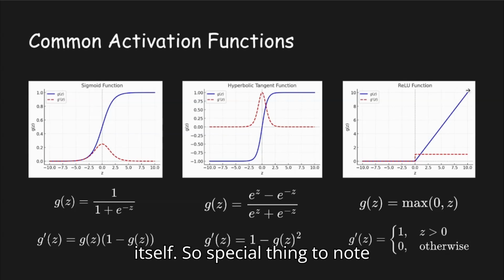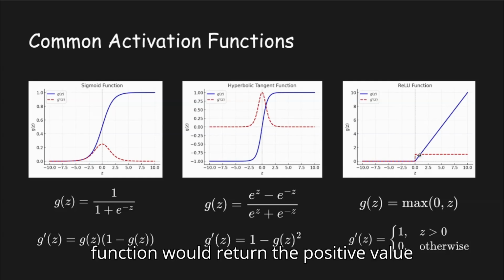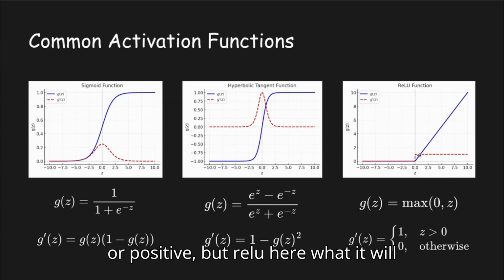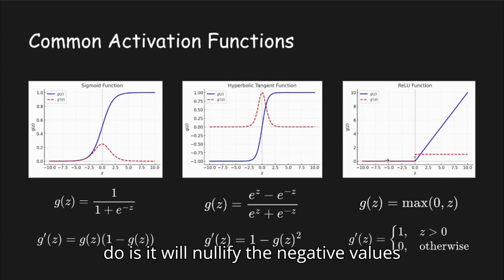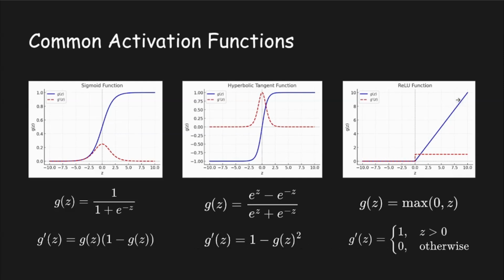A special thing to note here, do not get confused by the absolute function. The absolute function would return the positive value of the number no matter if it is negative or positive. But ReLU will nullify the negative values and only give you the positive values.